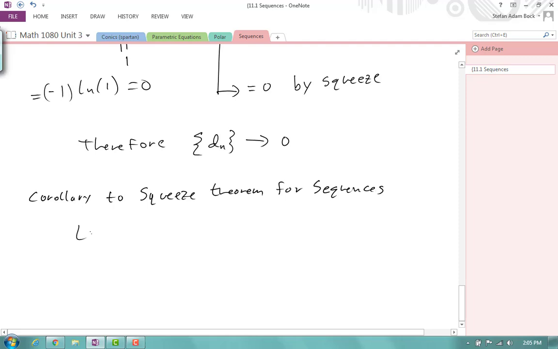What that means is if the limit as n goes to infinity of the absolute value of a sub n is equal to 0, then so must be the limit as n goes to infinity of not absolute value, but regular a sub n.